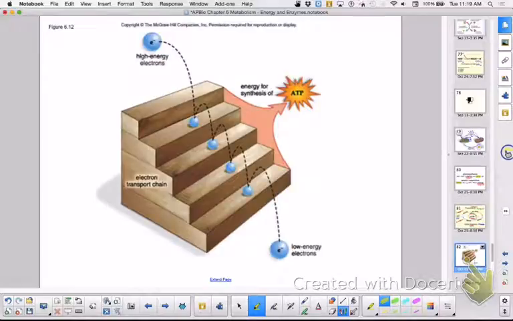She is going to pass them to the next member on the chain, and she just got reduced, and she just got oxidized. Now, while she is reduced, she has superpowers, because she has what? Energy. She is going to take her superpowers and grab a hydrogen from that side of the membrane and put it on this side of the membrane.